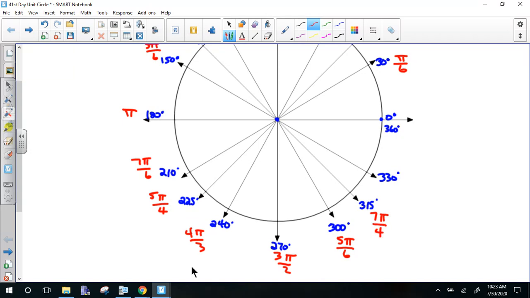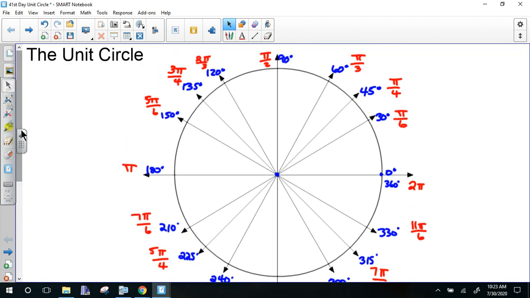We came out with 7 pi over 4. And then 330, I believe, was 11 pi over 6. We've done those calculations. And then 360 is at 2 pi. So if you know how to convert and you know how to label your unit circle in degrees, you should be able to get the radians.